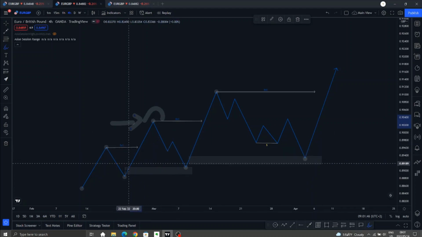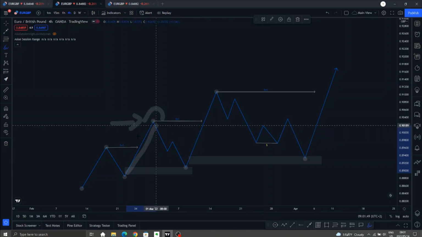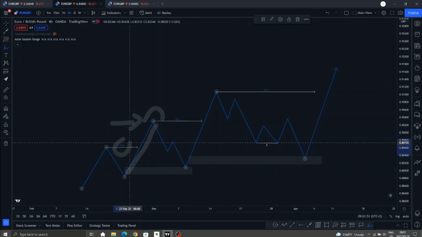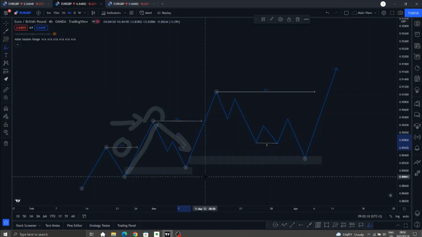Because we anticipate a pullback after a break of structure, a change of character allows us to correctly identify that new swing high, or swing low in a bearish market, before we see the pullback, before we see the corrective move.